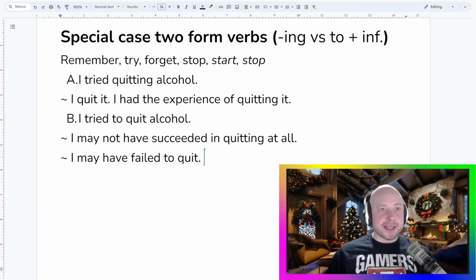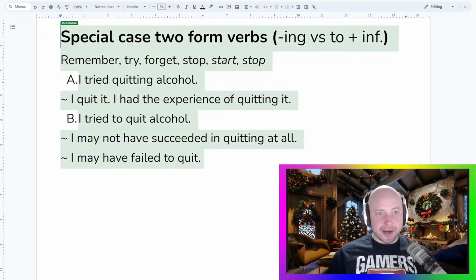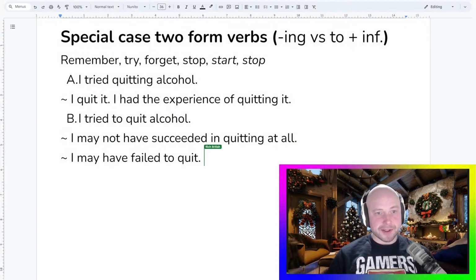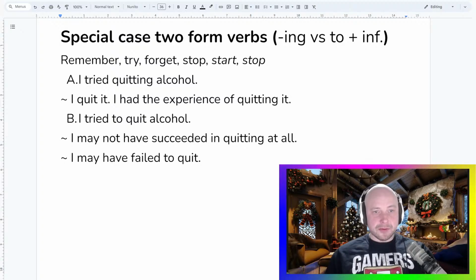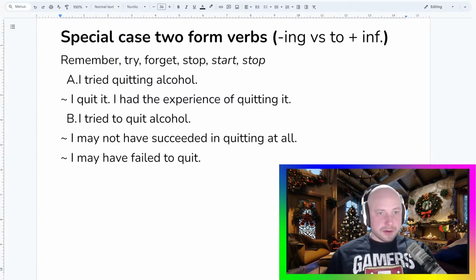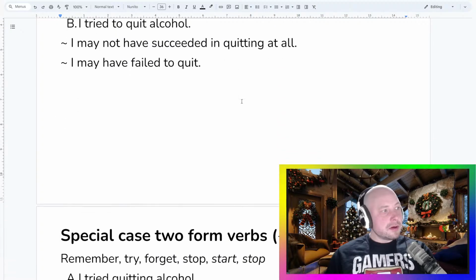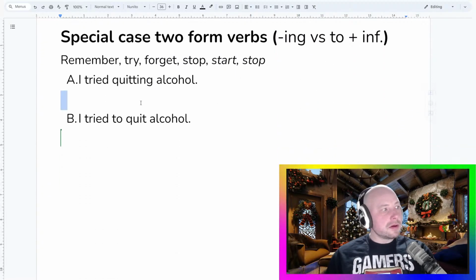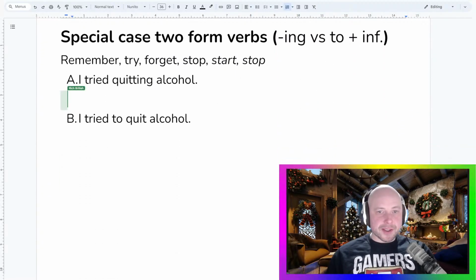Let's have another example here to try and make this a bit clearer, because it's not super clear right now. So we'll try and do another one, and we'll use a different example.